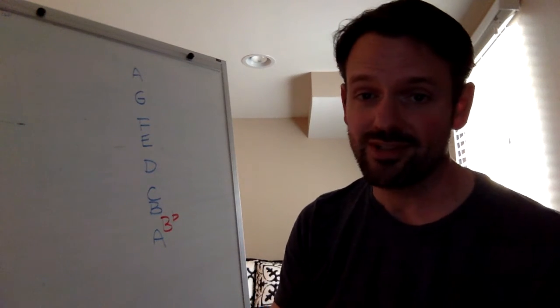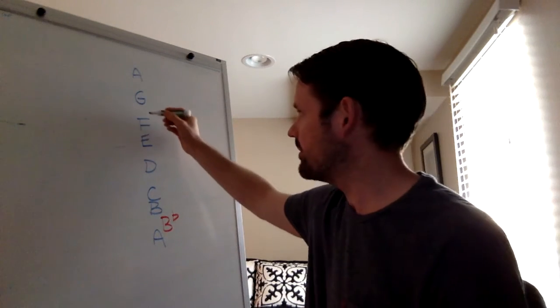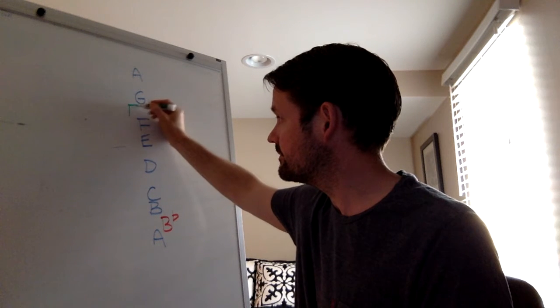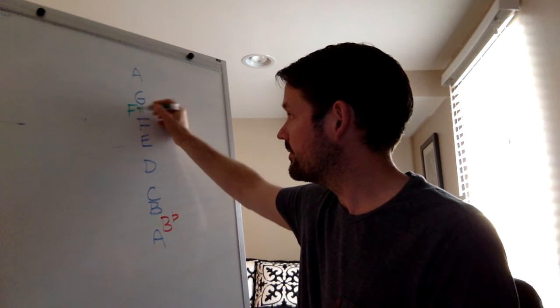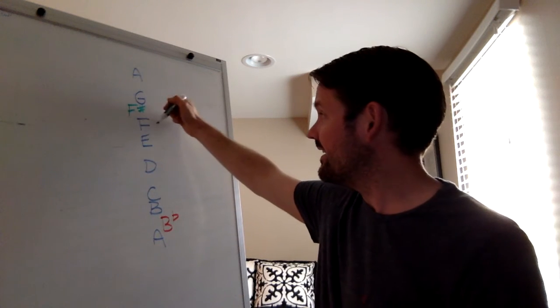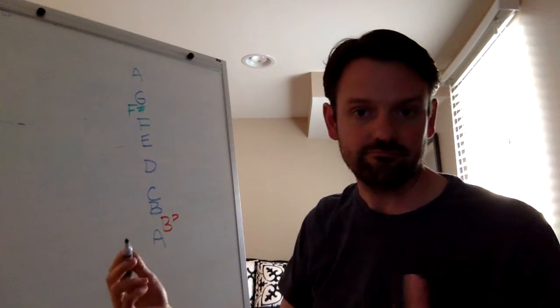A sharp note is a note that's higher than the natural note. So let's just start with F sharp. F sharp sounds higher than F. So it's between F and G, and it sounds higher, so it's above the F on the board.